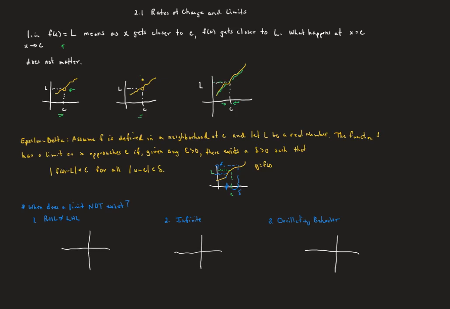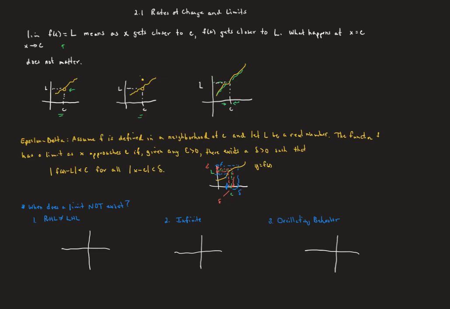So if you say, no, I want epsilon to be like 0.1, then if that limit really does exist, we should be able to say that all of the values of x within some range of c will produce y values within epsilon equals 0.1 of L. Then I'm going to have to tighten up what the delta is, and that's going to be the delta that goes with that particular choice of epsilon.